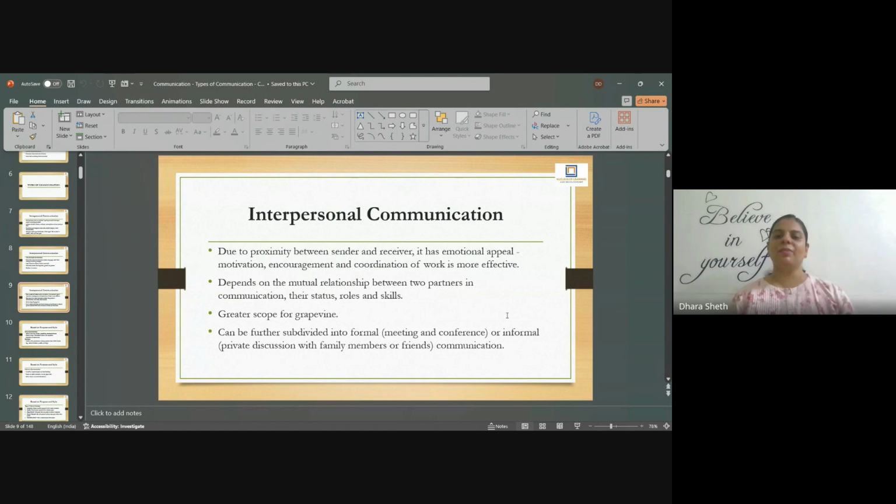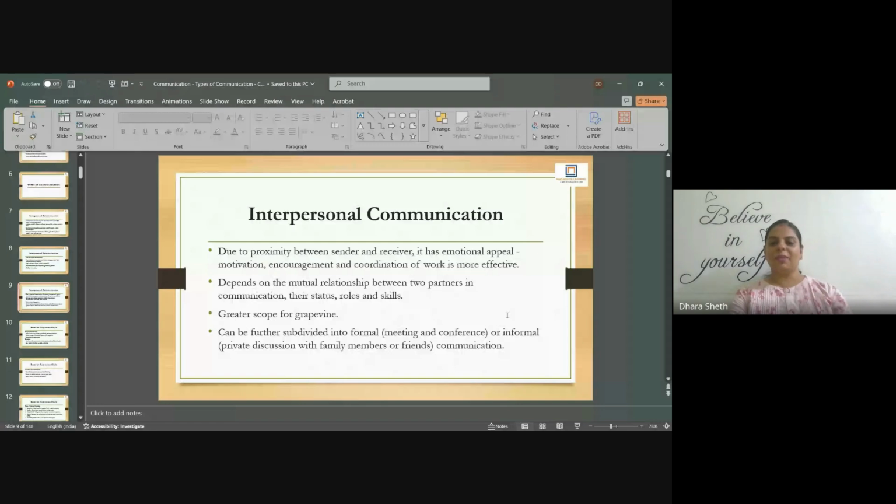Due to proximity between sender and receiver, it has emotional appeal. Now, what is emotional appeal here? Motivation, encouragement, and coordination of work is more effective. It depends on the mutual relationship between two partners in their communication, their status, roles, and skills. And there is a greater scope for grapevine, gossip.